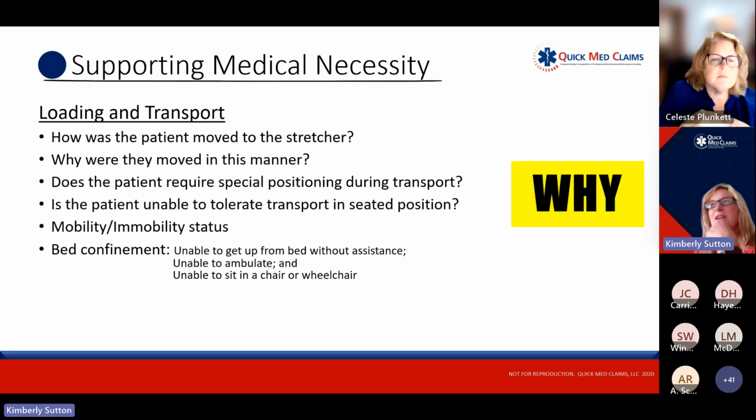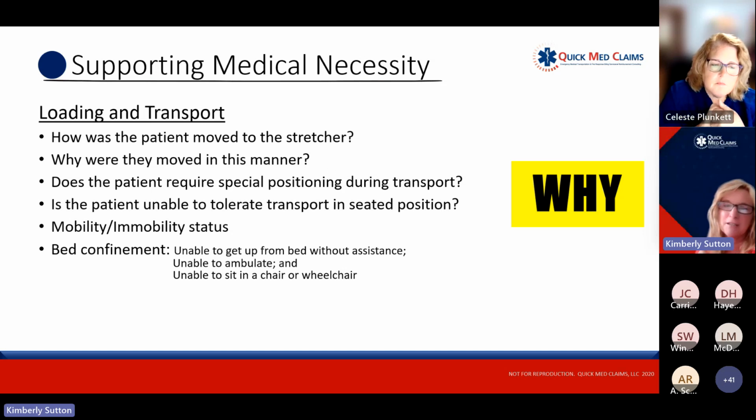All right, the first one here on supporting medical necessity: when you're loading the patient or when you walk into the room, what does the patient look like? It's very informative if we can say on the chart if the patient was moved by stretcher, is what you put in your PCR. But when you walked in, if there's any conflicting information, we want to make sure that what you see is what you're documenting, how you moved the patient, in what manner.